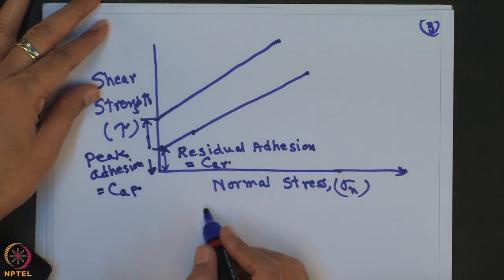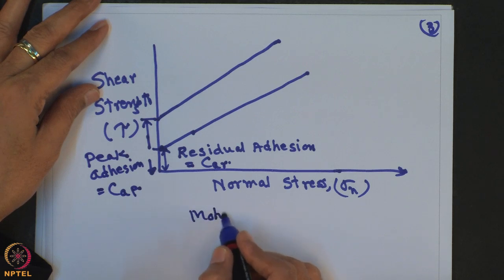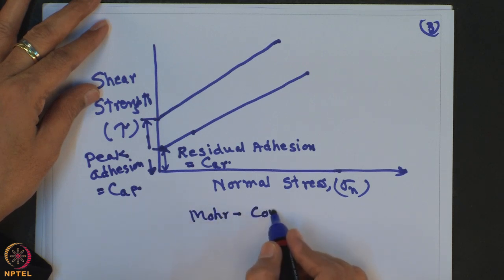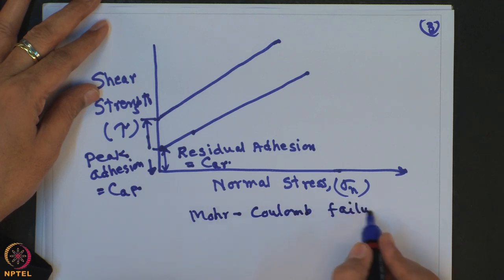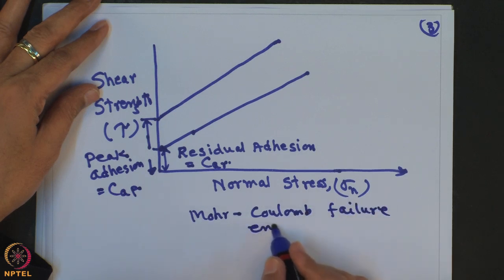So, this is basically the Mohr-Coulomb failure envelope.